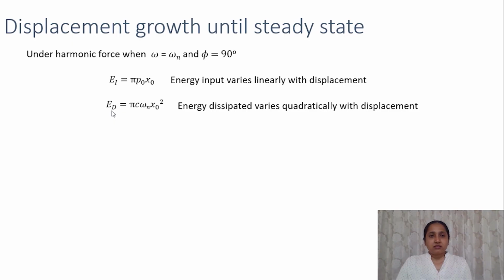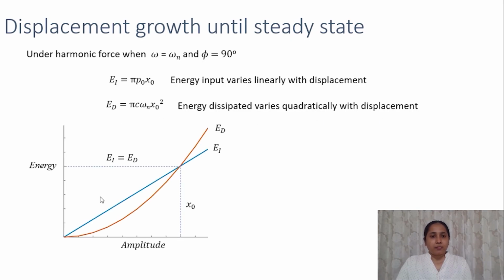For the dissipated energy, when omega is equal to omega n, it will be equal to this, and we can see that the energy dissipated is proportional to x naught squared. That means it varies quadratically with the displacement.